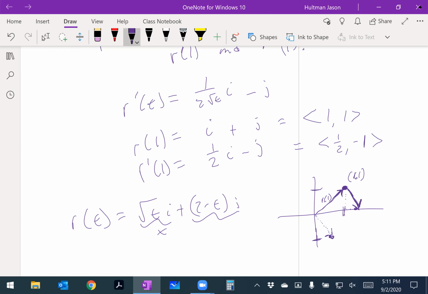This is my tangential vector. This is r prime of 1. Does that make sense? Hopefully that makes sense.